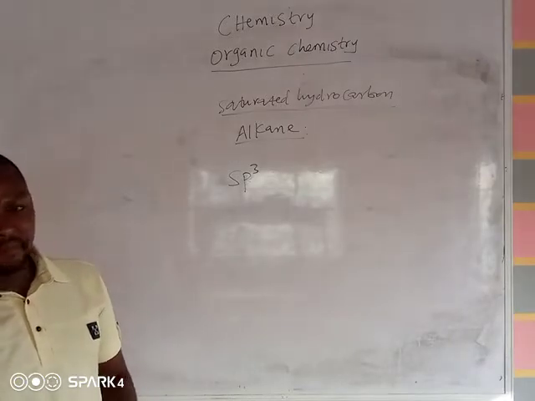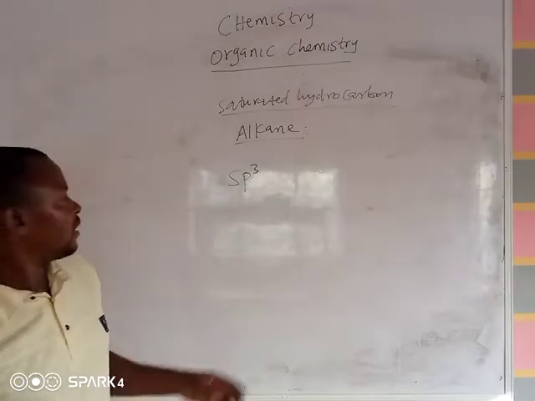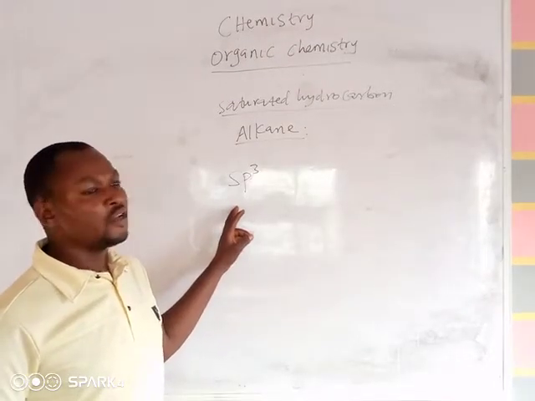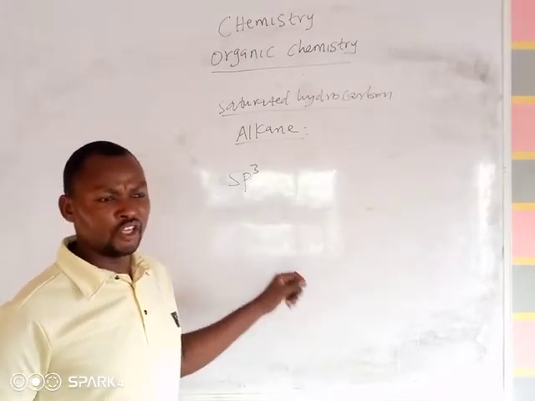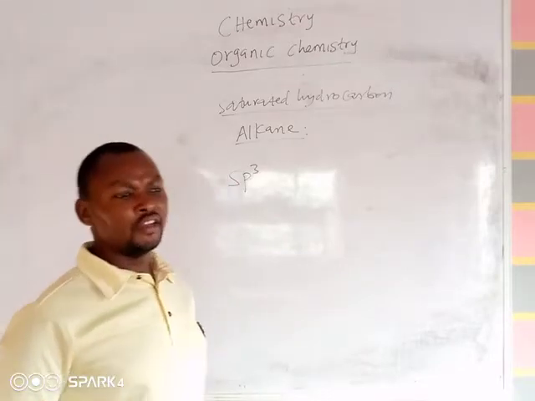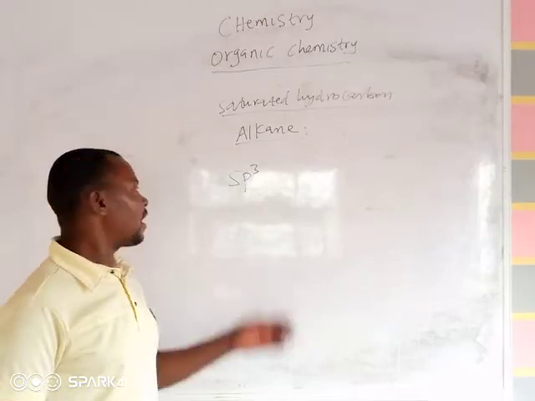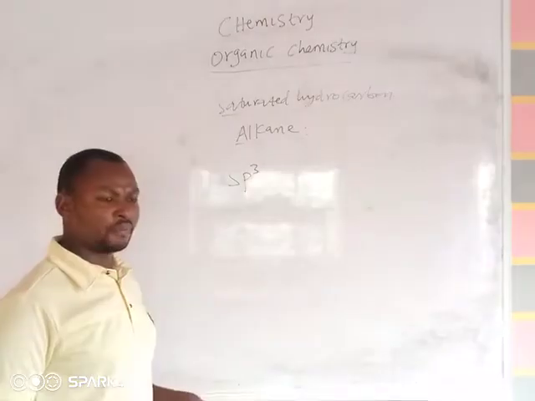So by hybridization, 1s joins with the 2p orbital.